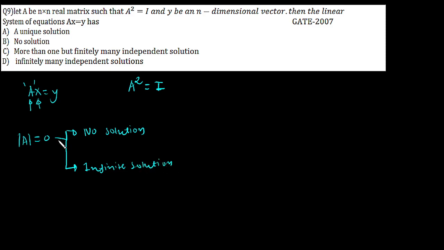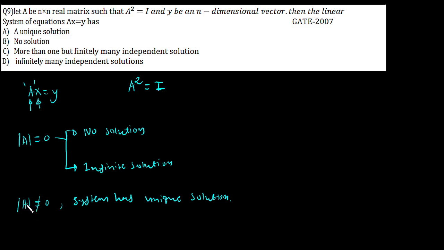So these are the two possibilities associated with the determinant equal to 0, and if the determinant of the coefficient matrix is non-zero, then there is only one possibility and the system has a unique solution. What does it mean that the determinant is non-zero?